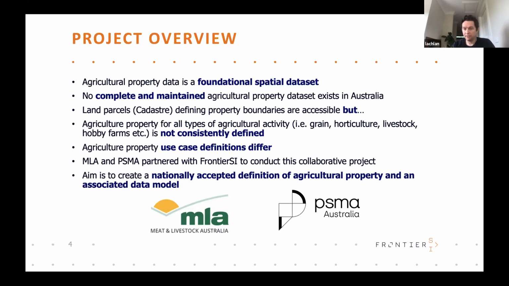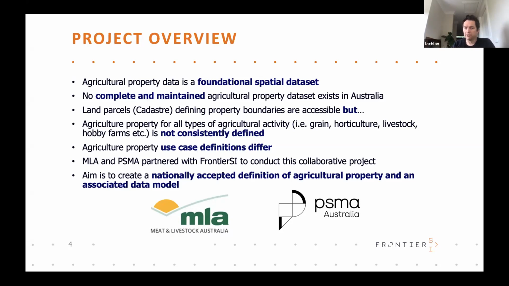They've identified that it is a foundational spatial data set, but it doesn't actually exist in a form that is suitable at the moment. We have things like the cadastre that define the property boundaries, but there are some issues working with it. It differs on a state-by-state basis, and it's managed on a state-by-state basis.